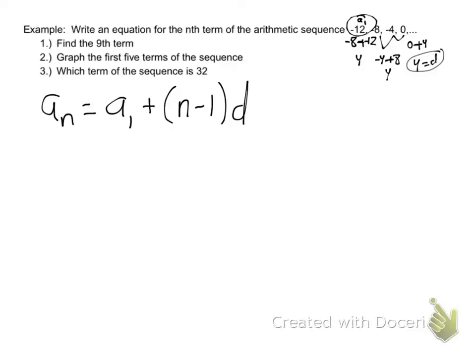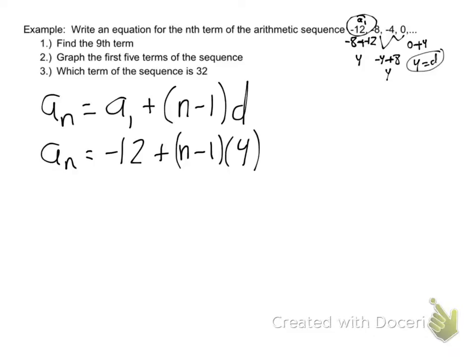Plug in a sub 1, plug in d, and you have an equation. What's the first term? -12, plus n minus 1 times 4. I now technically have the ability to find any term I want. Any.